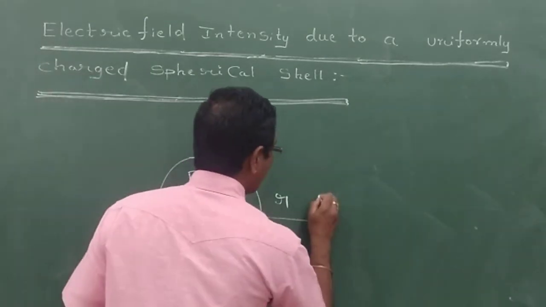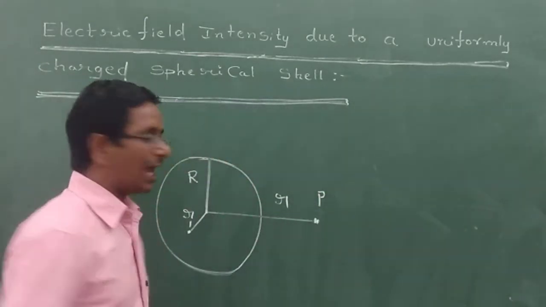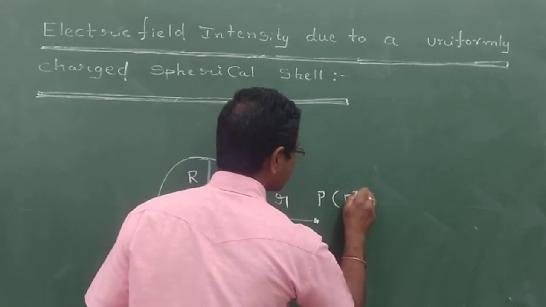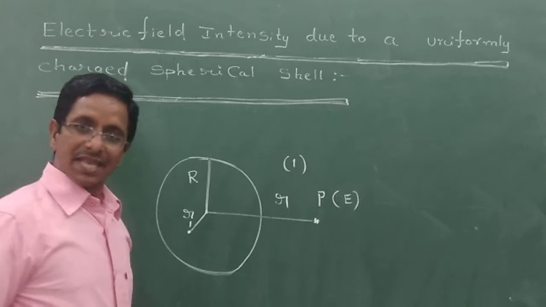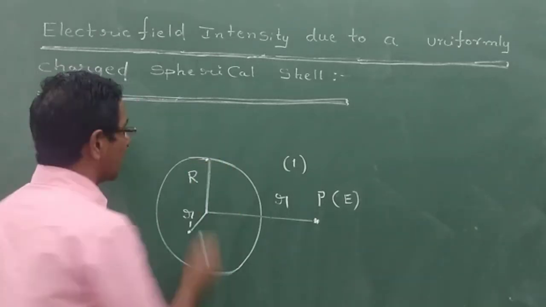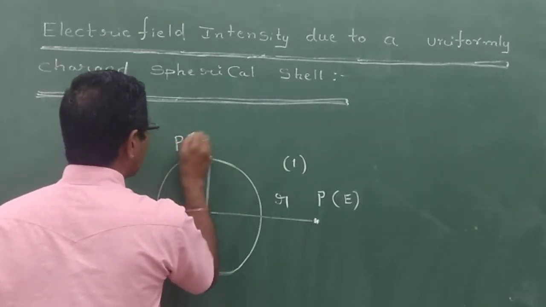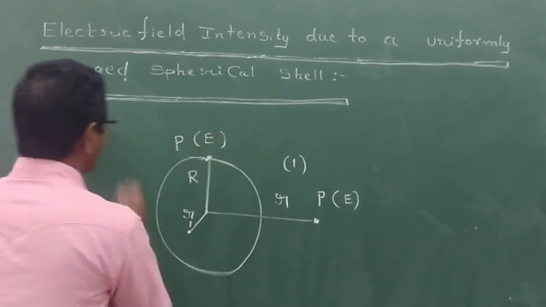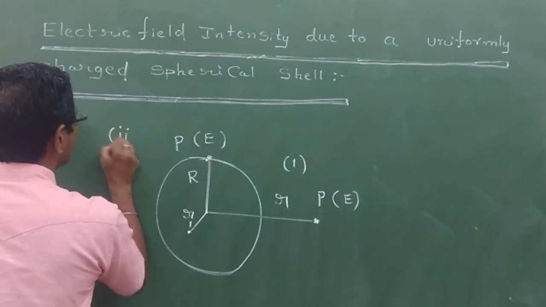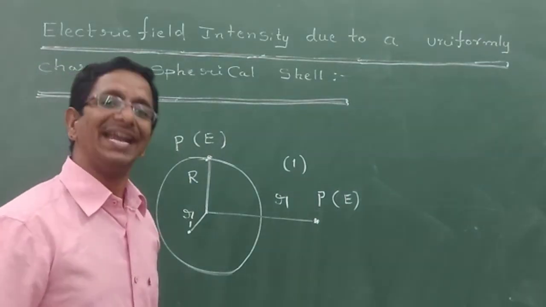Here point P. My aim is to find electric field E. This is case 1. Now on the spherical shell, this is point P. Our aim is to find electric field at that point. This is point 2. Next, point 3.